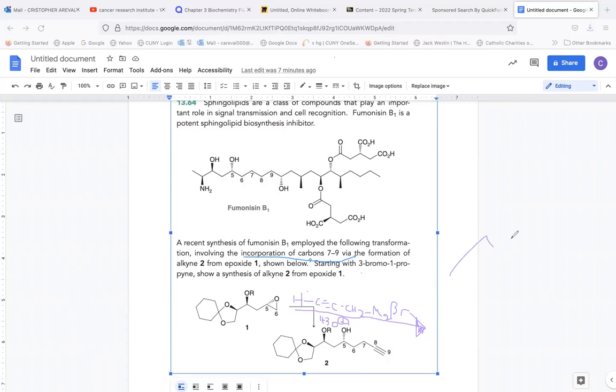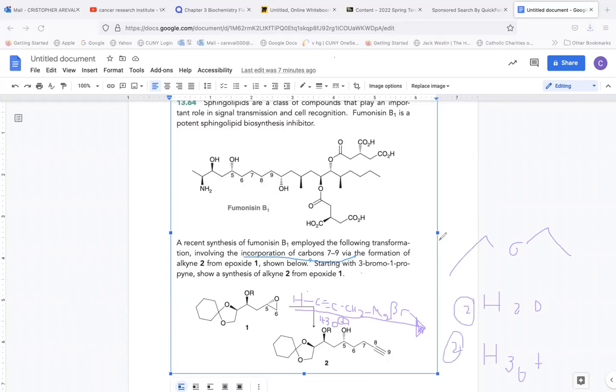There's another way you could use. You could use dimethyl ether, diethyl ether, or you could use H2O, H3O plus. Any of these three you could use as the second step of a Grignard. Okay, if that makes sense.